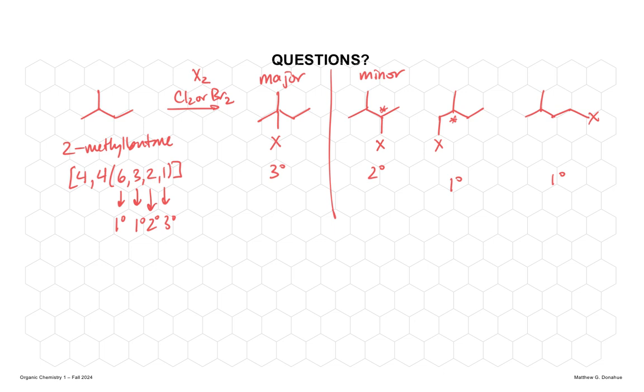And so just to wrap this up, again, bromine is definitely going to give you the tertiary as the major, but since chlorine was a little bit more indiscriminate, you'll probably get a larger percentage of those minor things. And then again, once we have these haloalkanes, we're going to learn two mechanisms, SN2 and SN1.